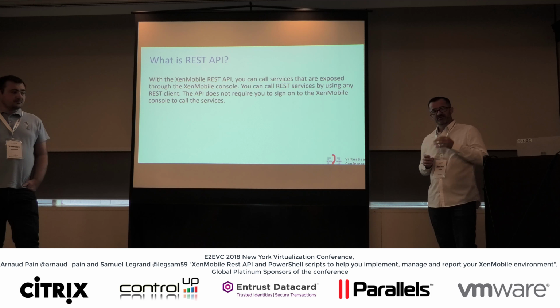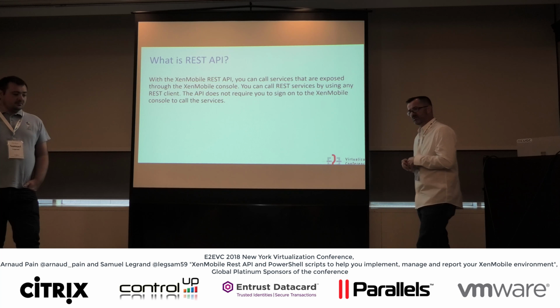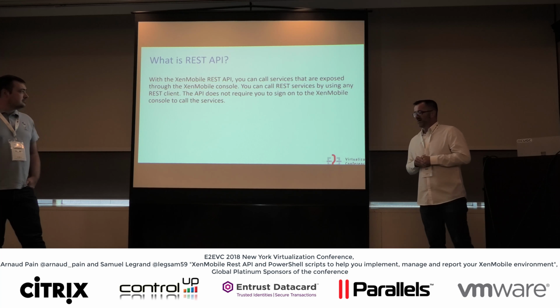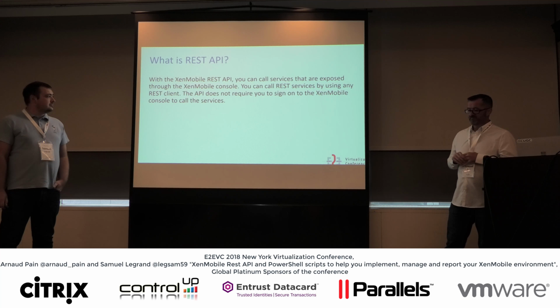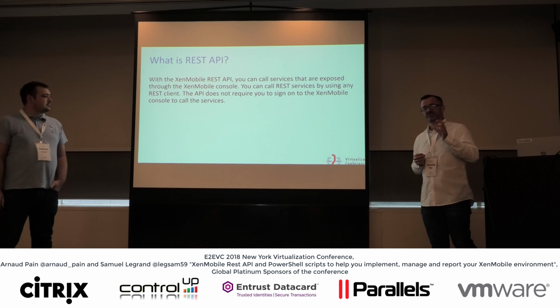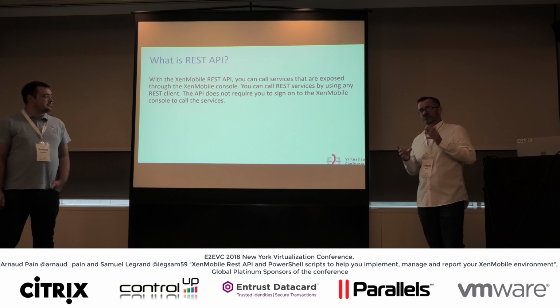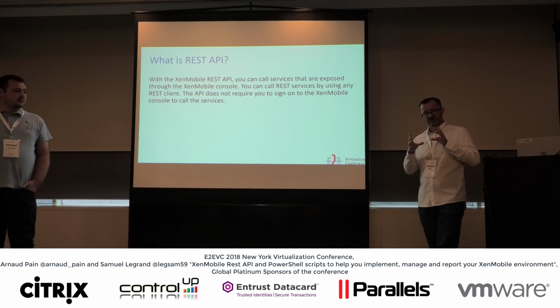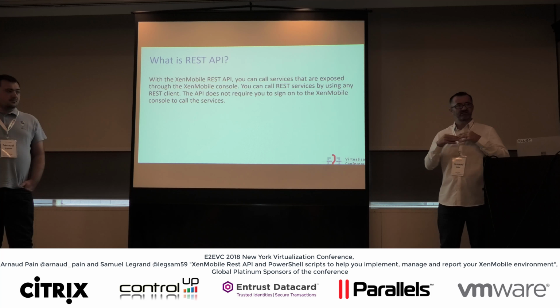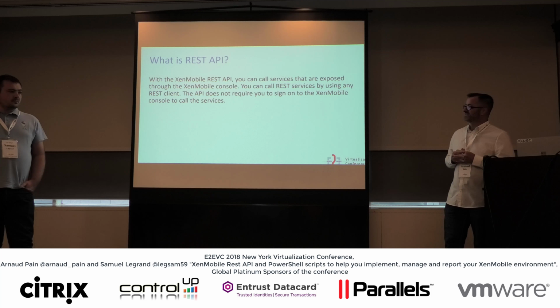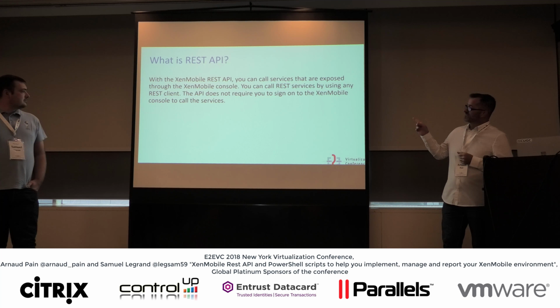For example, I use the Advanced REST Client, which is a Google extension for the Chrome browser, and we'll show you after how it works. Since the end of last year, Citrix provides a new role-based access control role within the console to permit you to create specific role-based access for only API access and not admin of everything. So here is how you can create one.